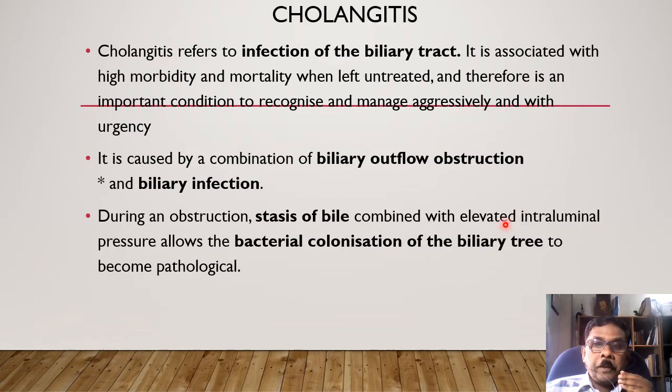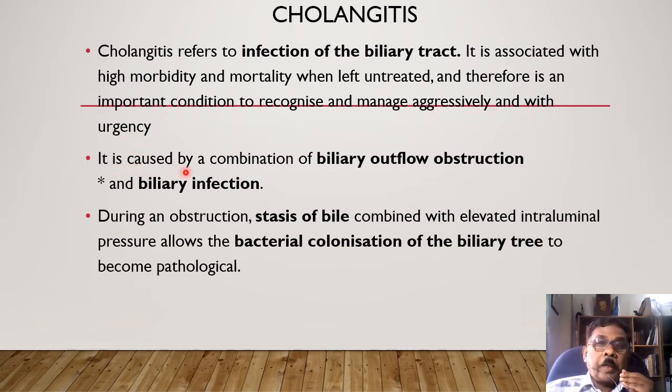Now I shall discuss briefly the topic of cholangitis. Cholangitis refers to infection of the biliary tract, as I showed you earlier, and it is associated with high mortality and morbidity if left untreated. Therefore, it is an important condition to recognize and manage aggressively and with some urgency.